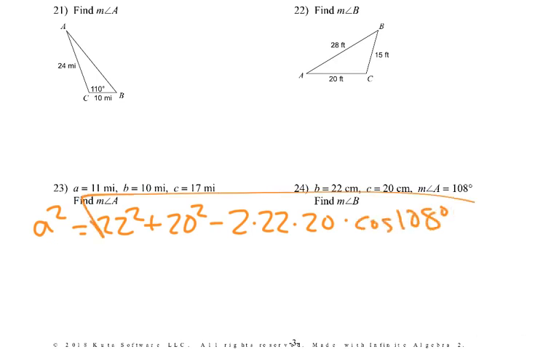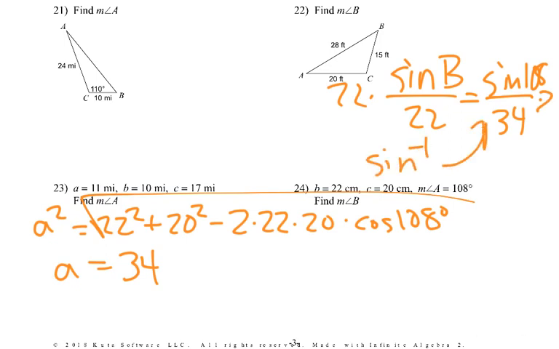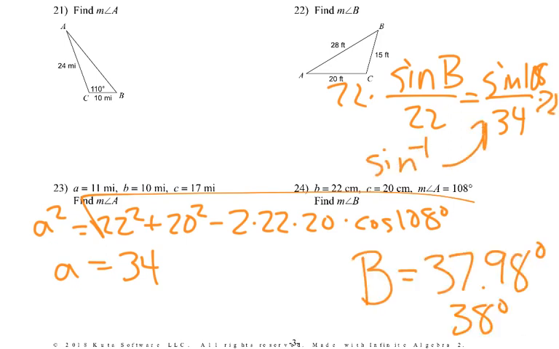Take the square root of it, stick it in our calculator, and we get 33.999, so we'll say 34. Now we can build a connection. Okay, sine of angle B over 22 equals sine of 108 over 34, times by 22. Take the inverse sine, and we get about 37.98 or 38 degrees, so we'll do the last problems in another video.